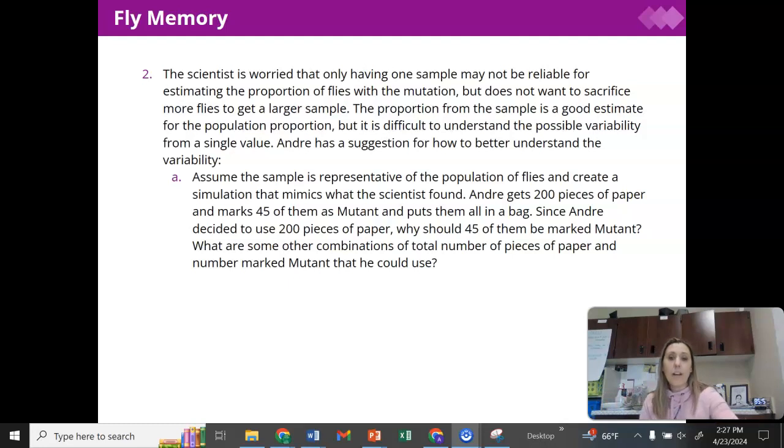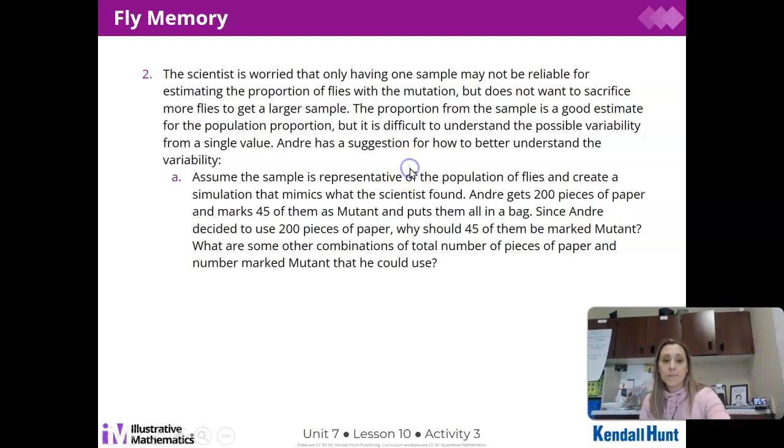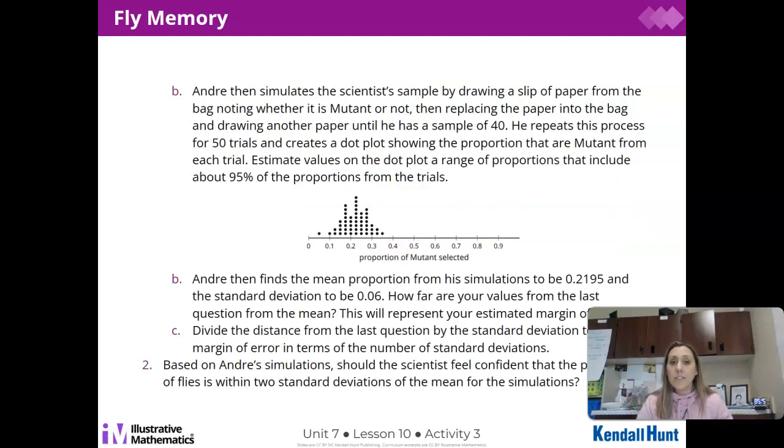So then Andre, let's go to B. Andre simulates the scientist's sample by drawing slips of paper from the bag, noticing whether it is mutant or not, then replacing the paper into the bag and drawing another paper until he has a sample of 40. He repeats this process for 50 trials and creates the dot plot right below that you can see in your book.